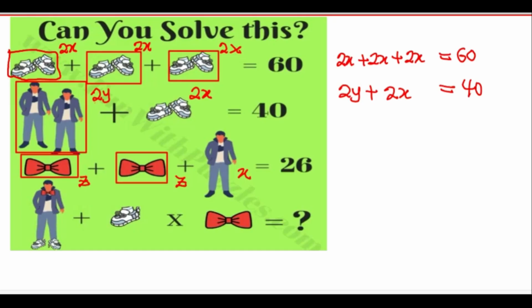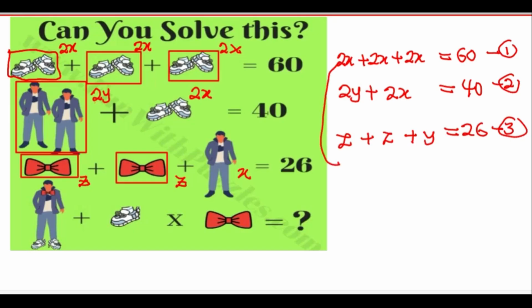Then we have the final part, the bow tie considered as z, so we have z plus z plus the man, considered as y, which equals 26, right? We call this equation 1, this one equation 2, and this one equation 3. So let's solve these equations.